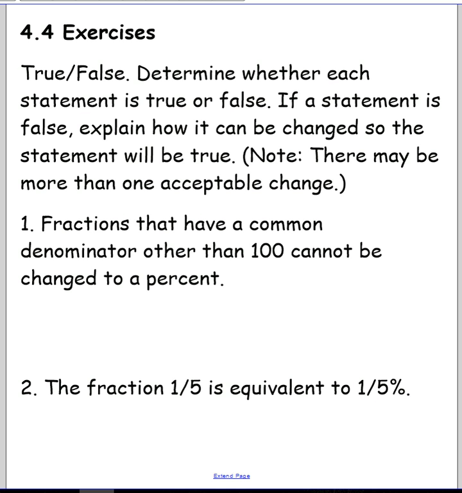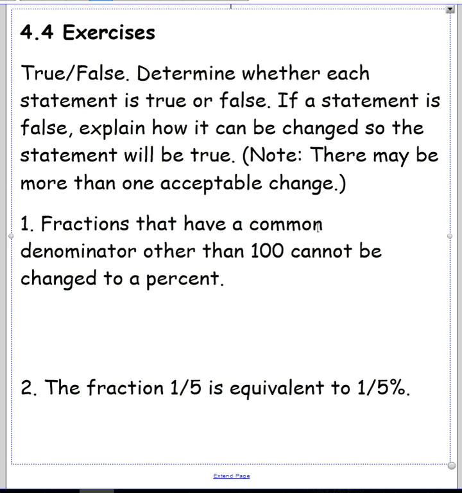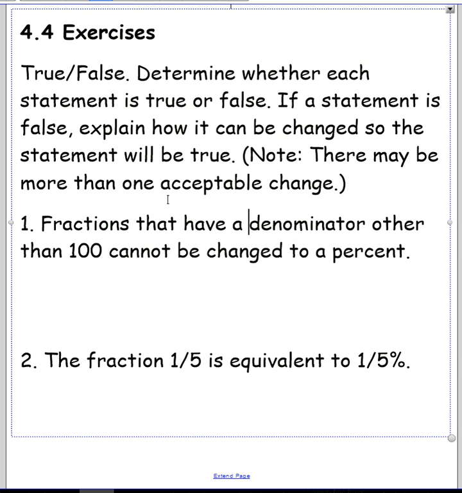So fractions that have a denominator other than 100 cannot be changed to a percent. That is not true.